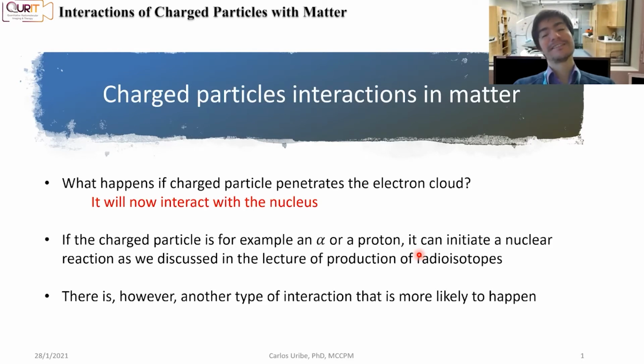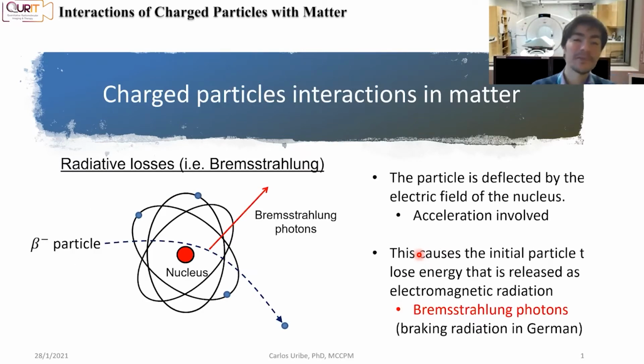However, there's another type of interaction that is actually more likely to happen than just starting a nuclear reaction, and that is what we call radiative losses. When you have this particle, in this case I'm showing a beta minus particle, it penetrates the electron cloud, where there's a positive charge.